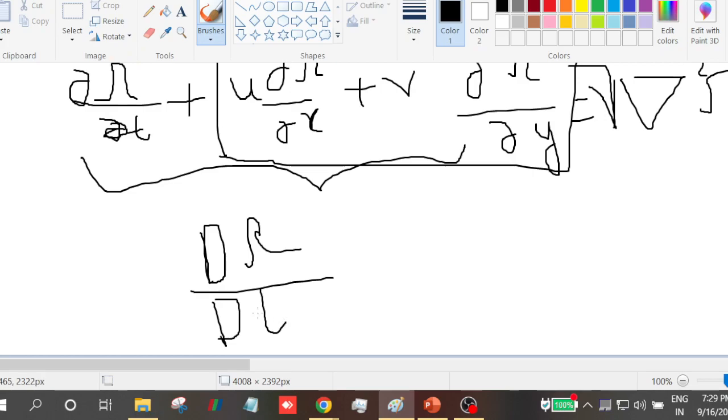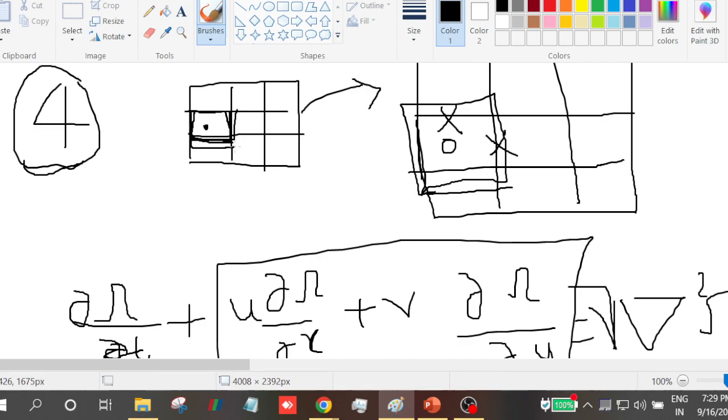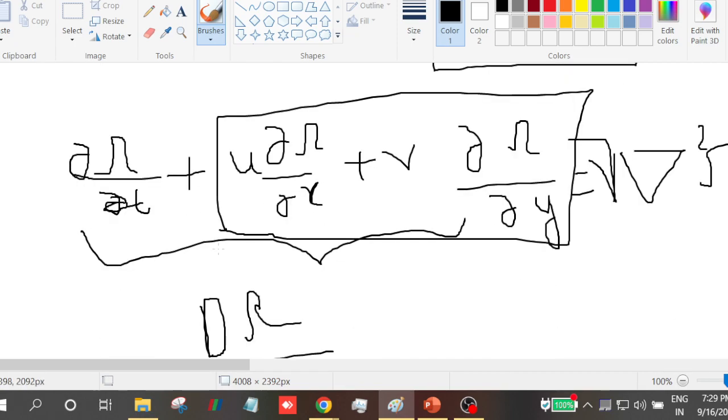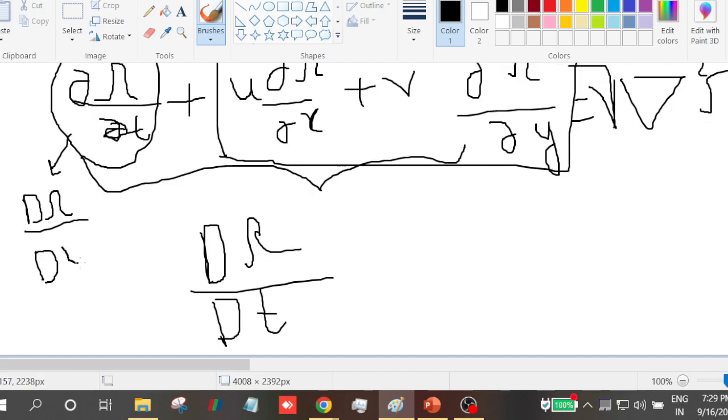If we had followed the Lagrangian framework, wherein we move with a fluid packet, then this would have been absolutely not necessary. Then this transient term itself would be equal to the material derivative. This is just to account for the movement of the fluid, so that is why this term comes into the picture. This whole thing is the material derivative, and then you have nu into the Laplacian of omega.